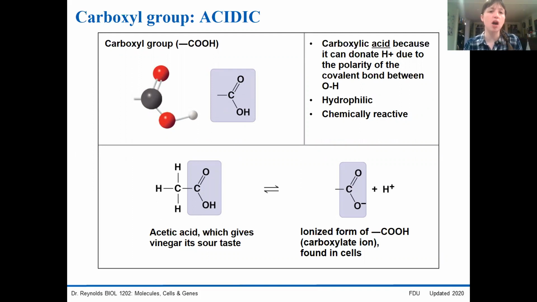Not only is a carboxyl group going to be hydrophilic because it's composed of multiple polar covalent bonds, but it's also going to be acidic because that terminal hydrogen is going to be willing to be donated to form hydronium ions, which releases free hydrogens and produces an acidic solution.